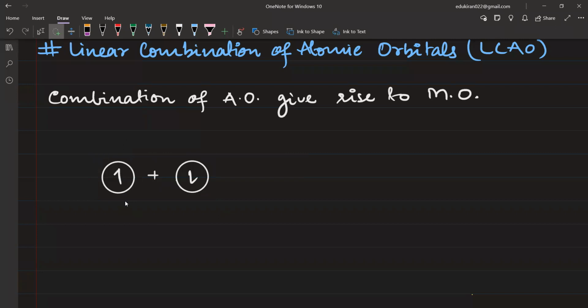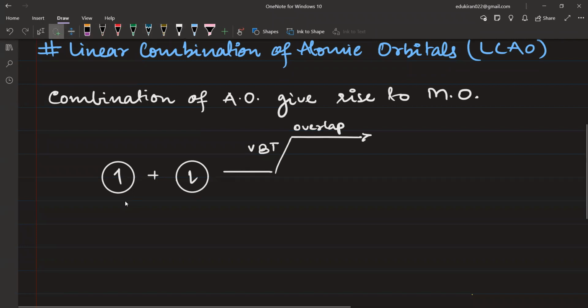If you are a fan of valence bond theory, then overlapping can take place. Okay, so if you are going to overlap, in VBT, overlap happens and you get something like this. Please see, guys.